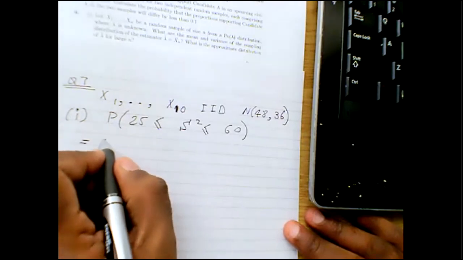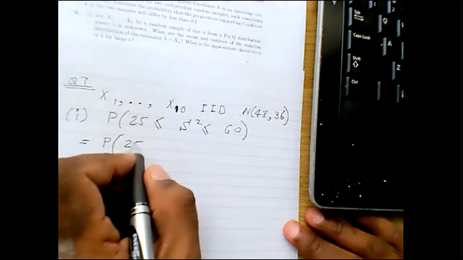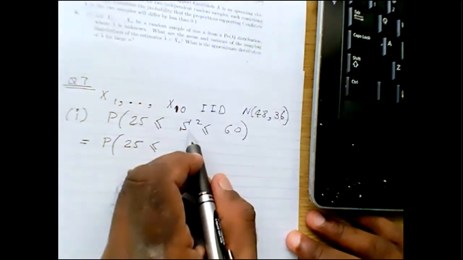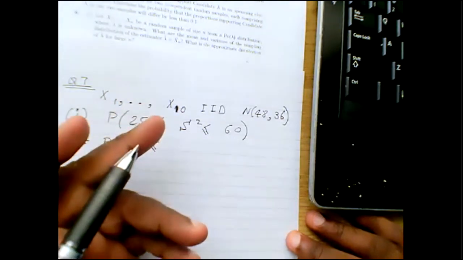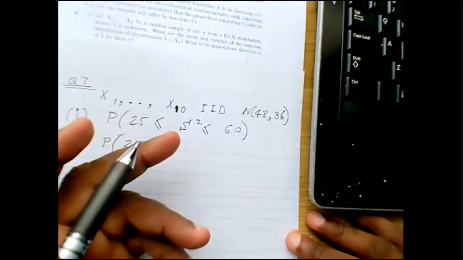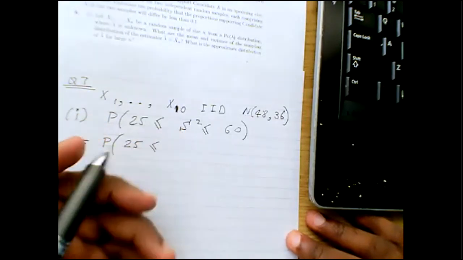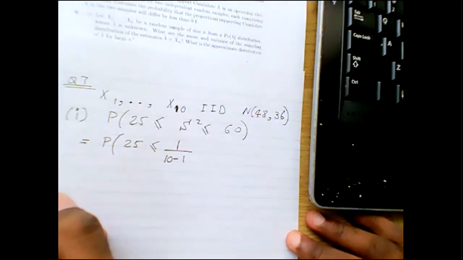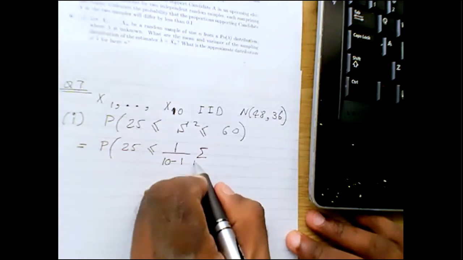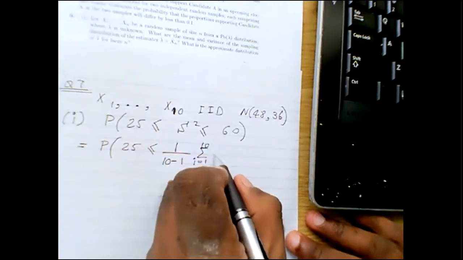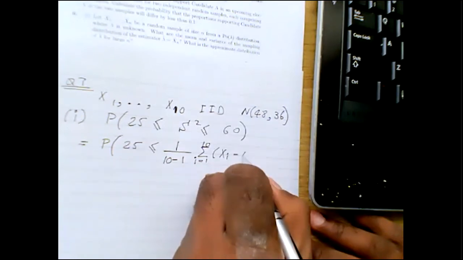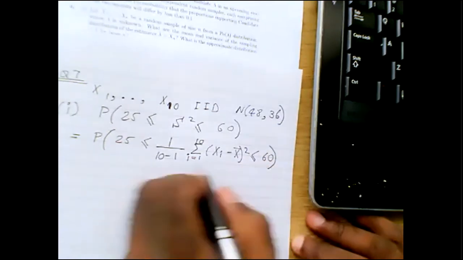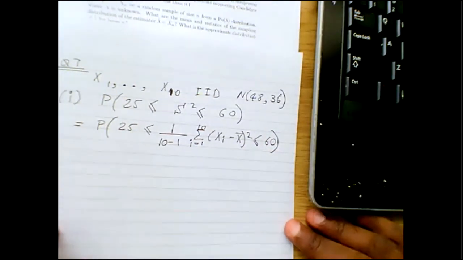If you look at the formula that I gave you for sample variance, there are two formulas. One is the biased version, the other is the unbiased version. In this case, I'm going to use the unbiased version, which is 1 divided by n minus 1, which is 10 minus 1, times the sum of the squared deviations.